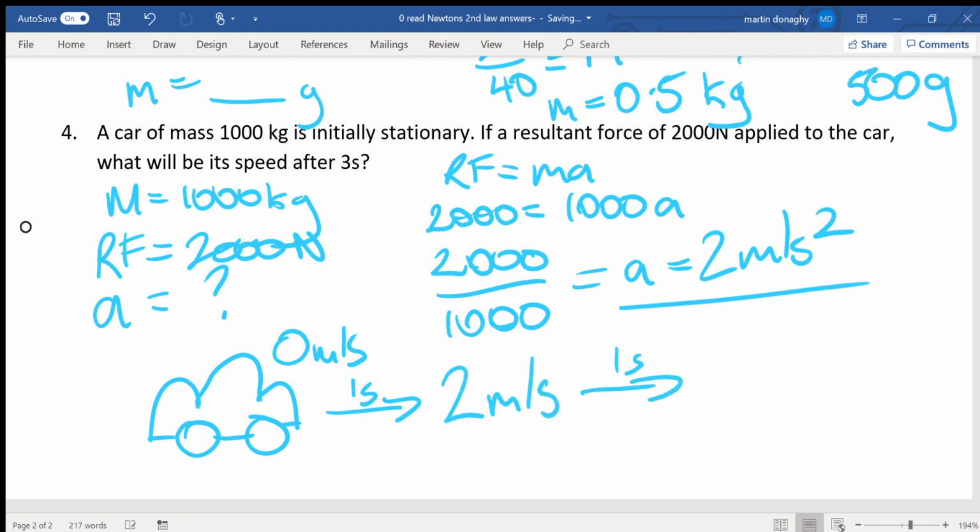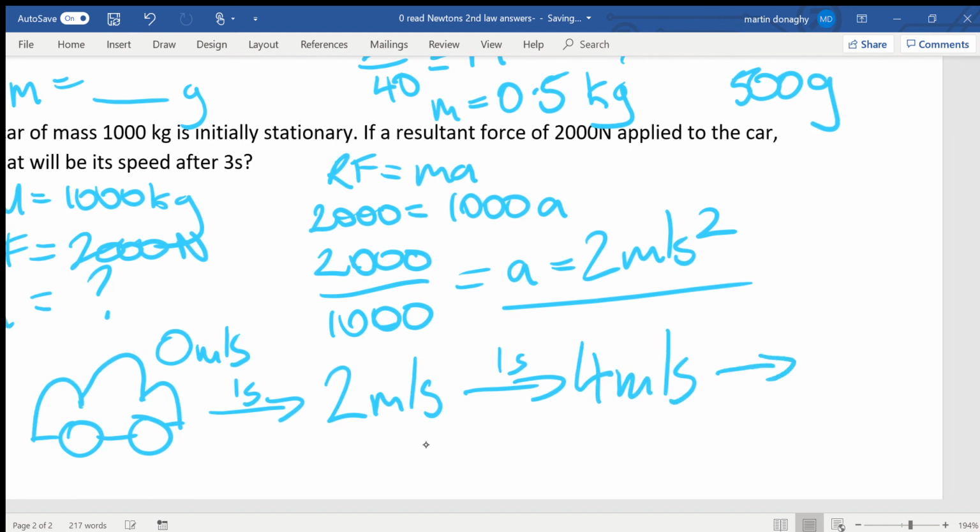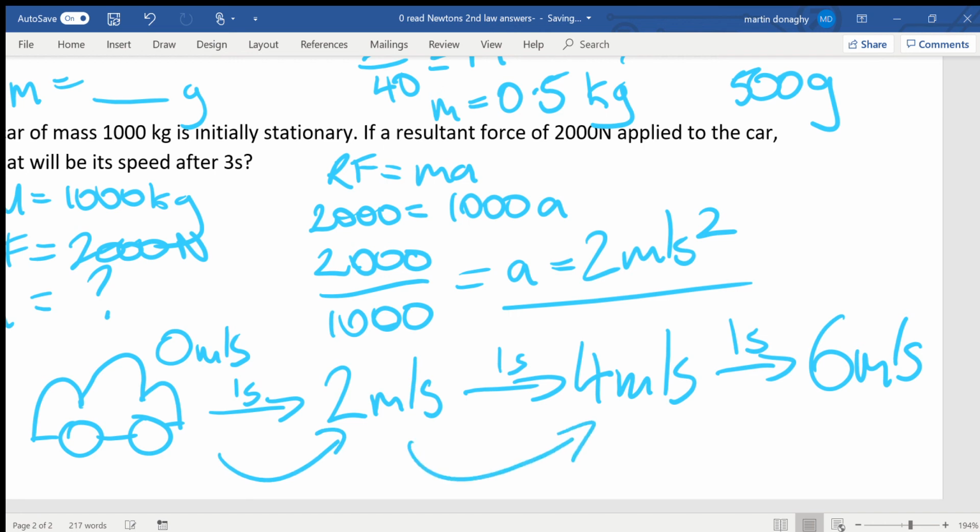After another second, the speed will increase by 2, and it'll be up to 4 meters per second. Another second after that, its speed will increase by 2, and it'll be up to 6 meters per second. So after 1 second it's at 2, after 2 seconds it's 4, and you can see we just add on 2 to the speed each time. So after 3 seconds it's going to be at 6 meters per second, and that's your answer.